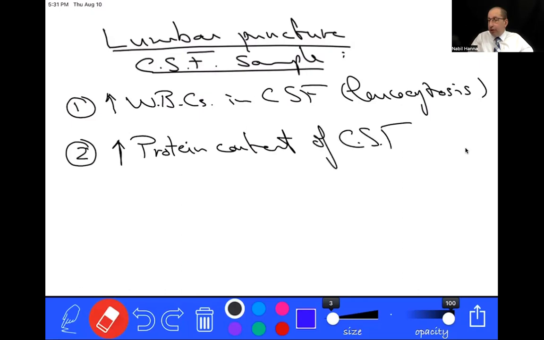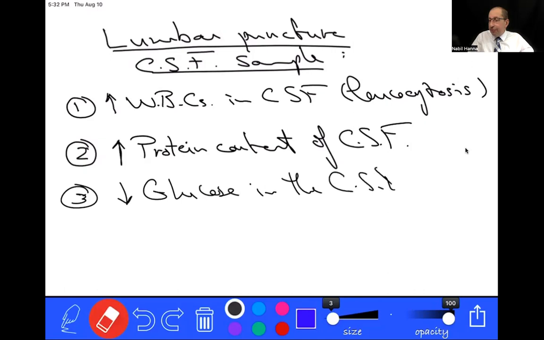And these bacteria feed on the glucose in the CSF. So the third finding will be low glucose level in the CSF. So this is how you diagnose meningitis.